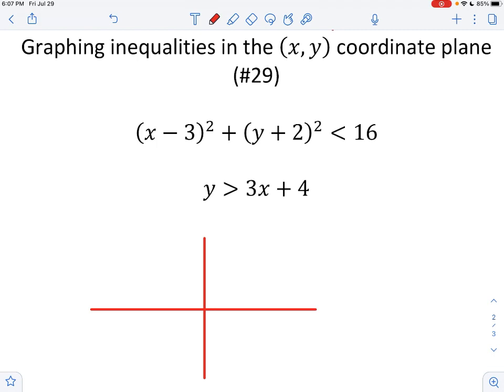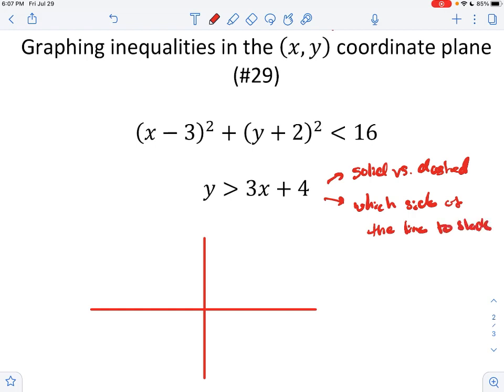so there's a couple main factors you need to keep in mind. So solid versus dashed line. And then which side of the line to shade on.